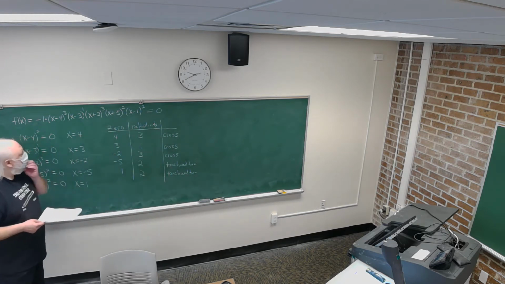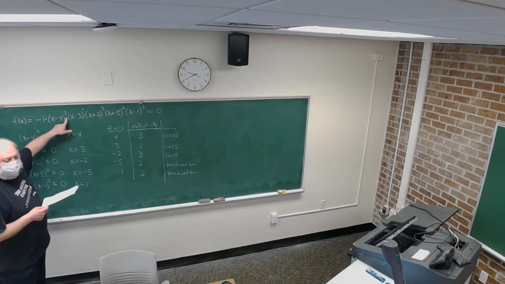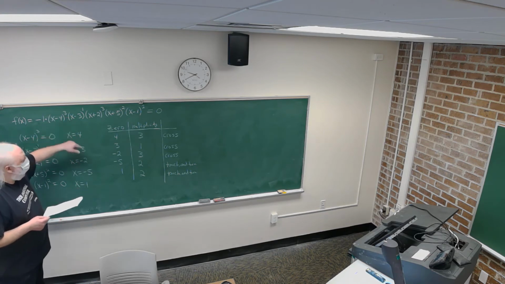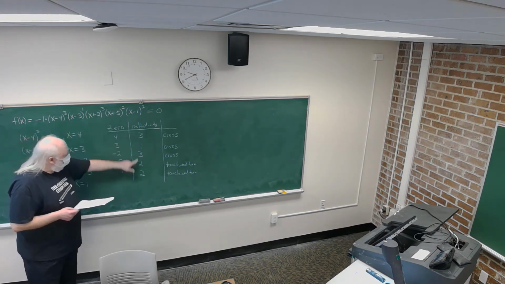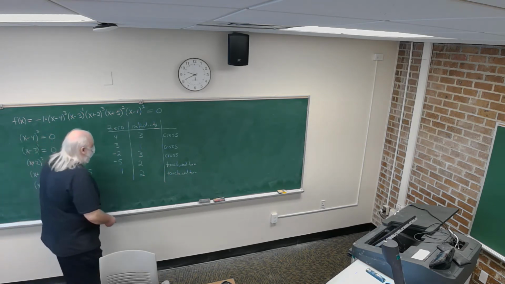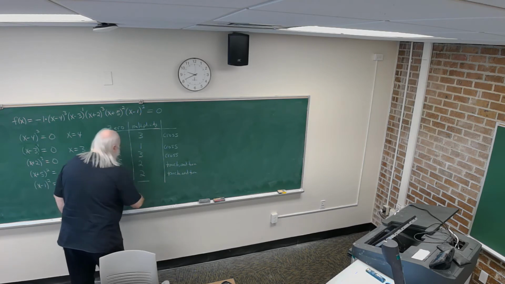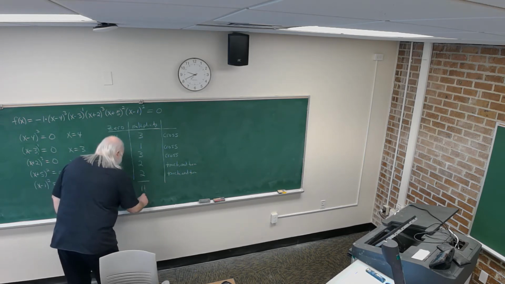Now, it turns out that the degree of the factored polynomial is the sum of the multiplicities. So we add up all the multiplicities. 3 plus 1 plus 3 plus 2 plus 2 is equal to 11.